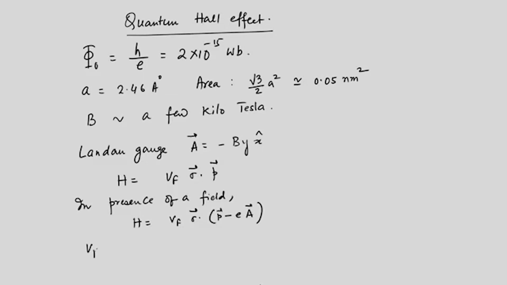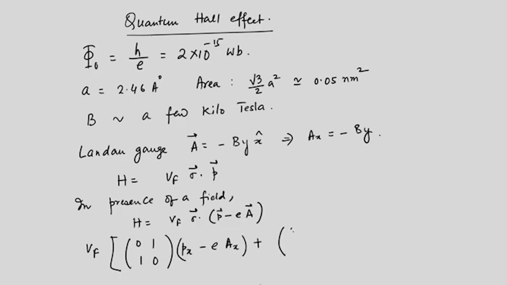So, the matrix equation becomes Vf into sigma x (px minus eAx), because we have taken Ax equal to minus By, plus sigma y Py.